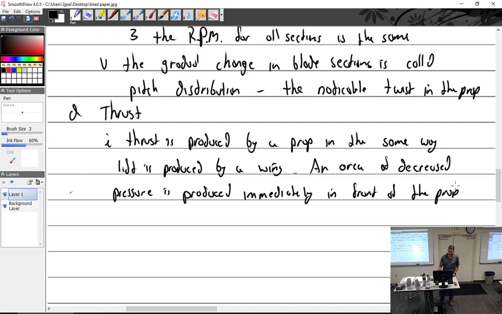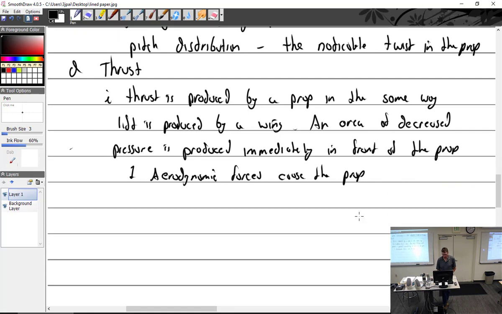Which is to say, according to the Q&As, that the propeller simply is sucked into the low pressure in front of it. Just throwing it out there. So it is aerodynamic forces that cause the prop to move into this low pressure area.